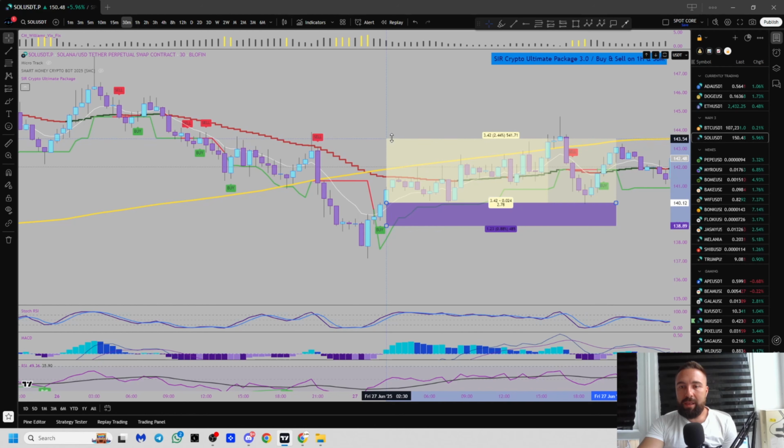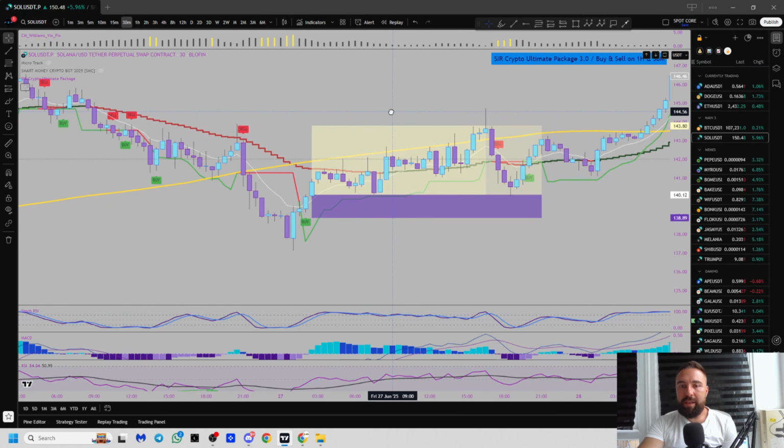It calculates how much you are risking versus how much you are trying to gain. 3 to 1 means I'm happy to lose $100 if it goes south to gain 300. This is what I'm trying to do.